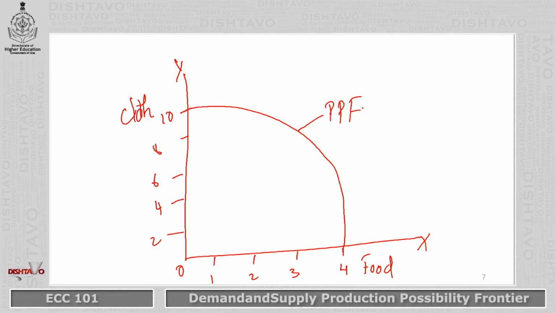This curve tells you lots of things about the economy when the resources are scarce. For example, if I am trying to produce 8 units of clothing and some units of food, it tells you on the curve I am at a point, let us mark that point as S. It tells me how much resources I can use to produce these two items, food and clothing.